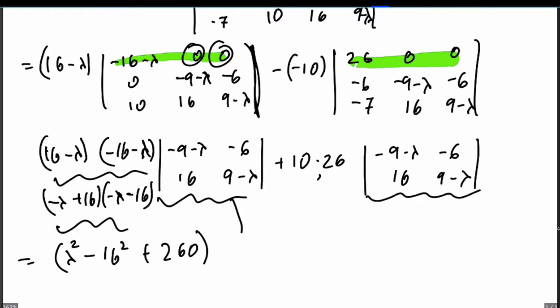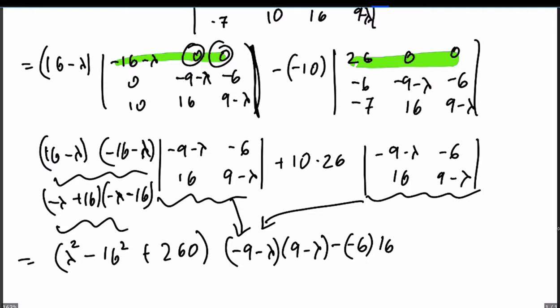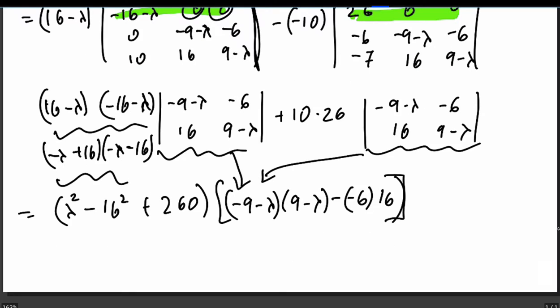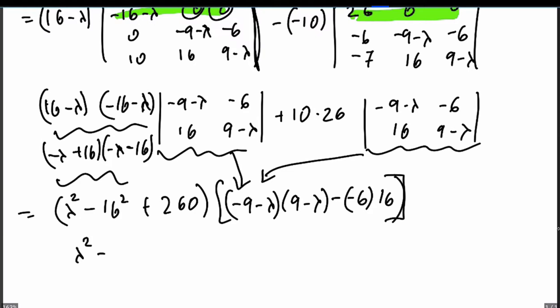And these 2 by 2 determinants, after factoring them out, this is minus 9 minus lambda times 9 minus lambda minus minus 6 times 16. So 16 squared is 256. So this is lambda squared minus 256 plus 260. And here there is a similar identity, but instead of 16 we have 9.